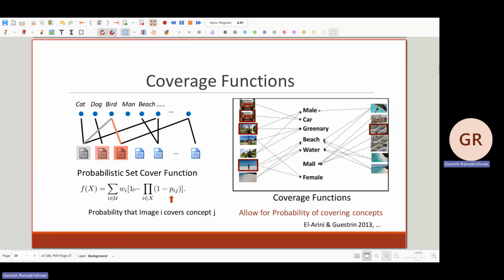And now 1 minus this product, what does it mean? 1 minus the product is the probability that at least one image covers that concept j, right? With the weight of that concept. Sum over all the concepts. You understand? So this is the nice probabilistic variant, and this is also a submodular function.